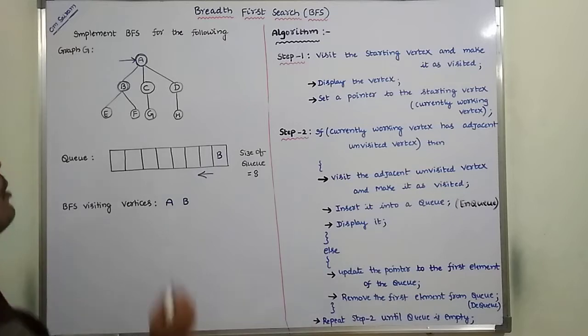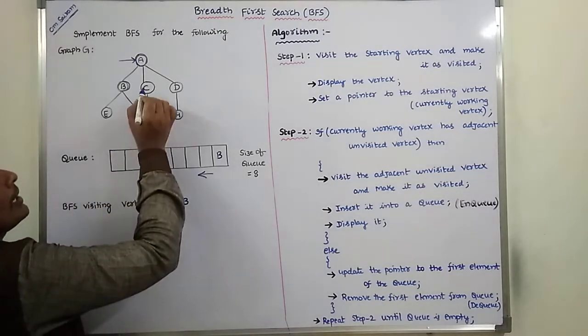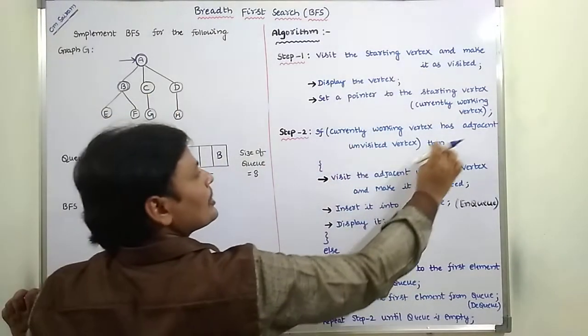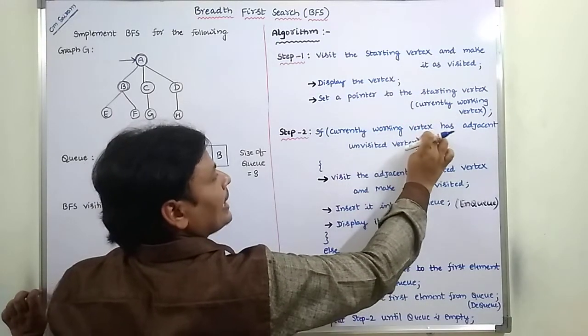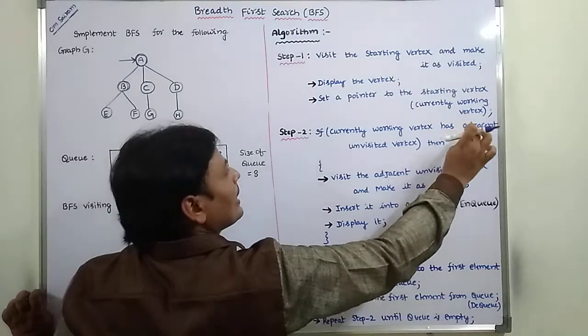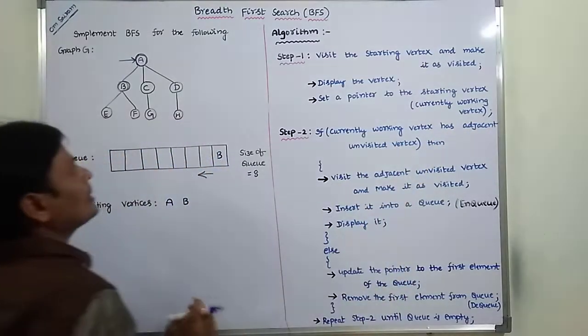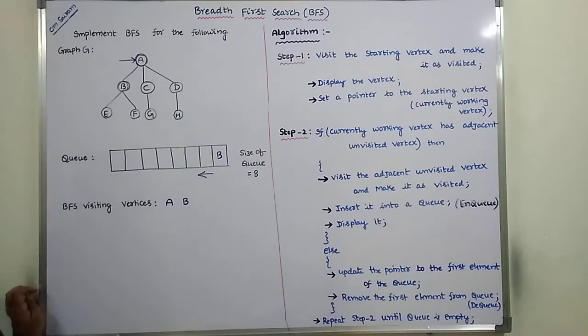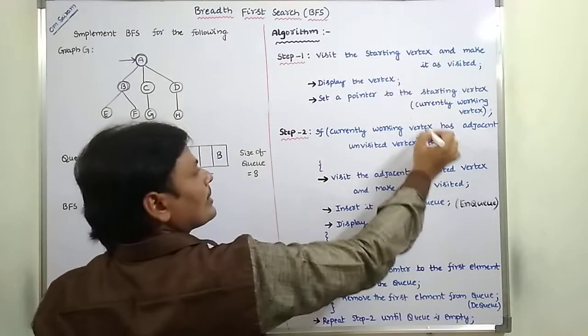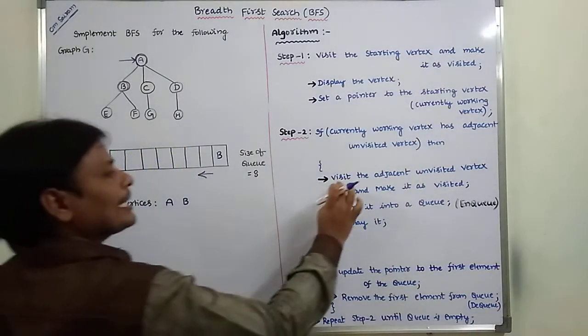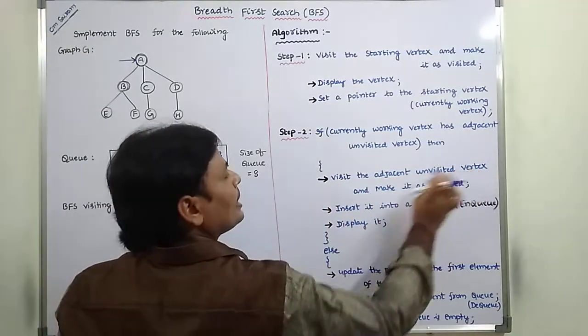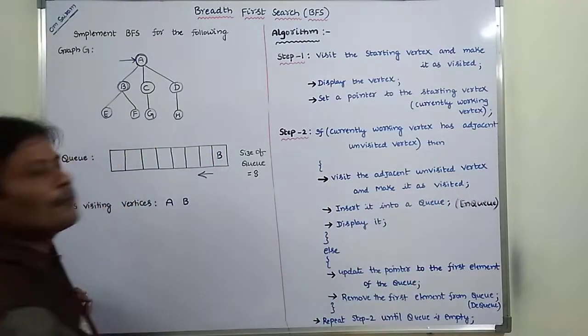Now we have to take vertex C. This condition is true, because the currently working vertex capital A has adjacent unvisited vertices C and D. Then go to the if block. Visit the adjacent unvisited vertex and mark it as visited.